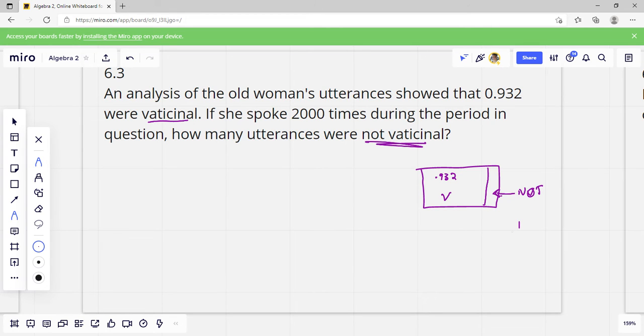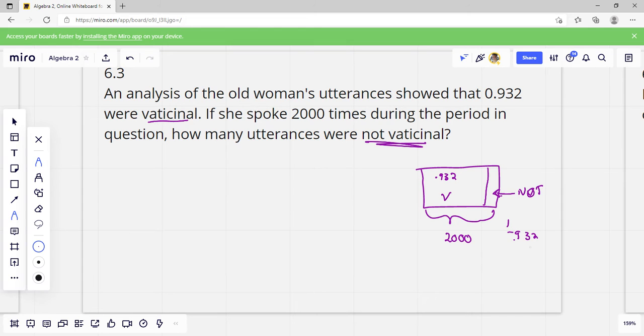So if you took 1, which is this whole thing, okay, which is 2,000, if that's going to be 1, and we subtracted 0.932 from it, what are we going to have left? So what is this part over here?